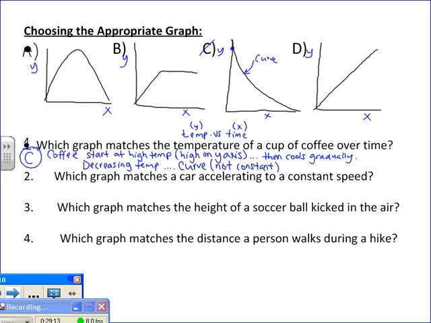Which graph matches a car accelerating to a constant speed? Okay, the first thing that I see here is constant speed. So that's going to be a straight line for sure. Let's think about what we would be plotting if we were going to be graphing a car traveling at a constant speed.